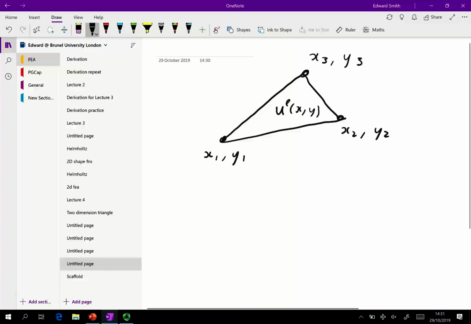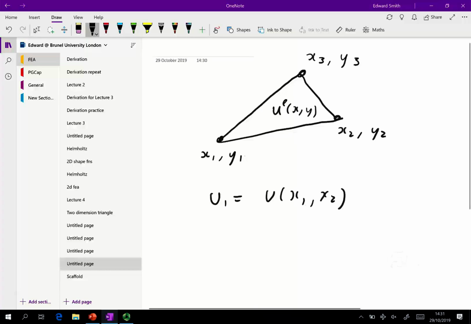So u element of x, y, what we're going to do is substitute in the values for u at the corners.